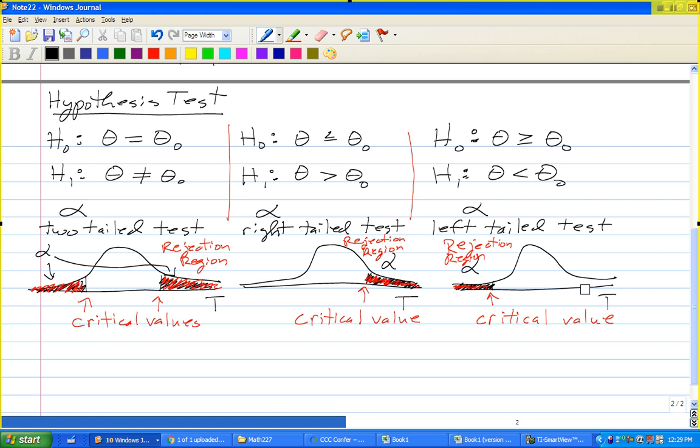because some people always write equal for the null hypothesis. So there will be some people that will write equal always for the null hypothesis, and it's a valid point to put it equal there, because when we do the hypothesis test, we're actually assuming that the null hypothesis is equal.